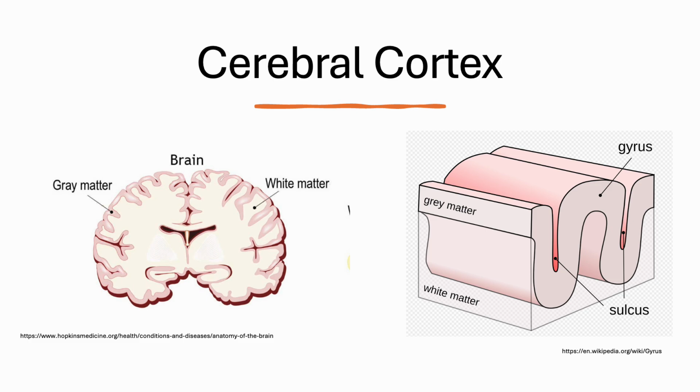As I've shown over here on the right, a gyri is a ridge, and a sulci is a dip. The gray matter would be here on this ridge, and the white matter would be more here in this dip. Extensive folding in the cerebral cortex enables more gray matter to fit into the limited space of the skull.